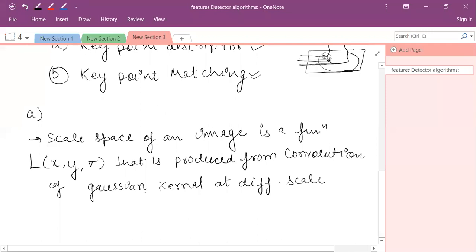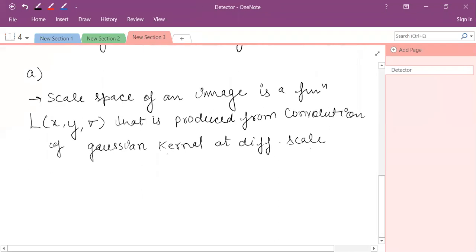So at the different kernel values, you have to test the images at the different scales. And the scale space is separated by using the octave.